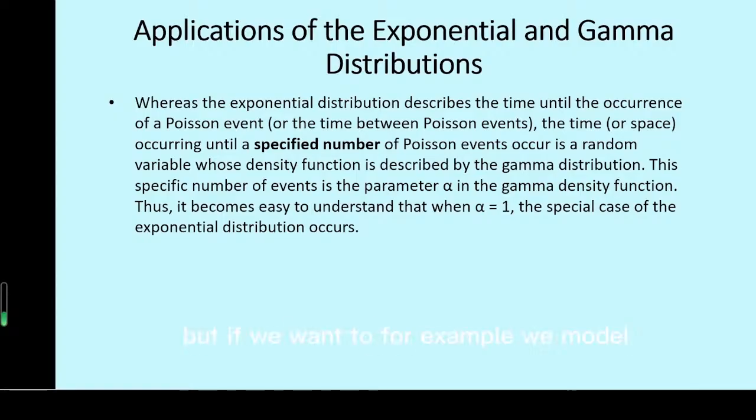But if we want to know the random variable of the time until the next 3 events occur, then alpha equals 3. So this is a gamma distribution, not an exponential distribution, because the exponential distribution is only for the random variable time t until the next one event occurs, right?